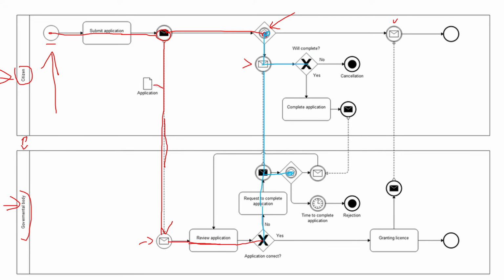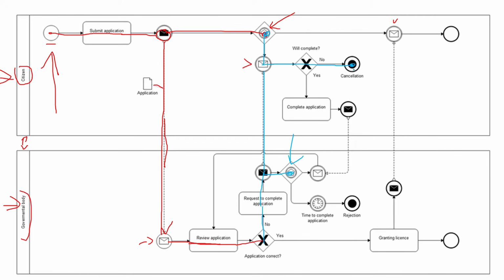If we say no, we go to this terminate cancellation end event. What does this mean? The terminate cancel event is very special because this means as soon as we arrive here, we're going to kill all tokens in the process. So if you remember, we have a token down here on the government. This is going to get killed so that all instances are done.